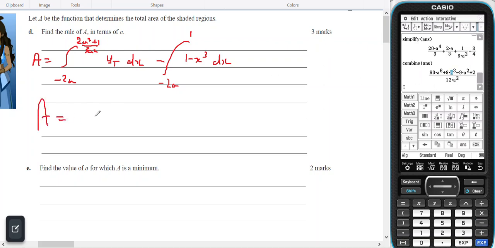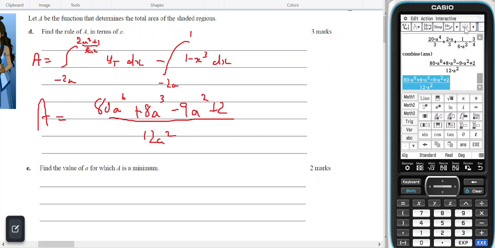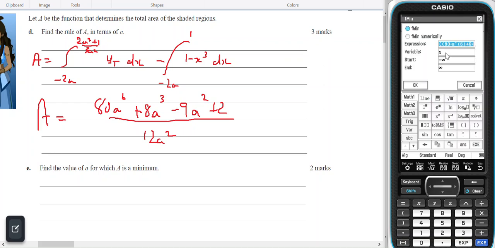So the area equals 80a to the 6 plus 8a to the 3 minus 9a squared plus 2, all on top of 12a squared. Where is that going to be minimum? If I take that expression and I go interactive, calculation, fMin in terms of a, and I know that a goes from 0 to 1 because it was defined earlier in the question.